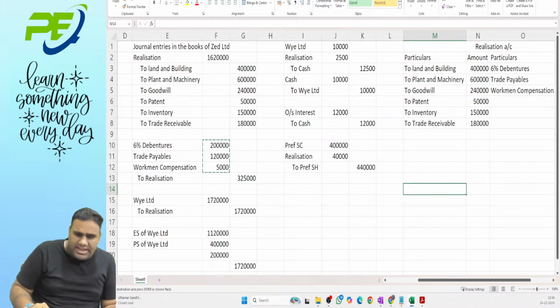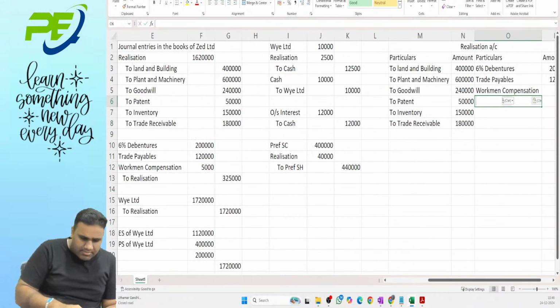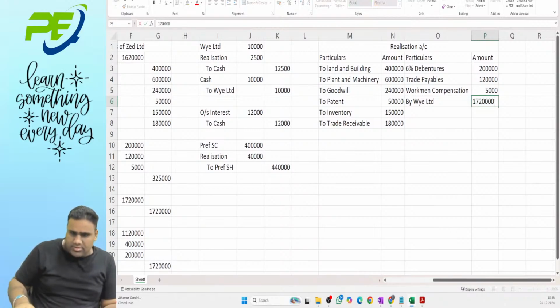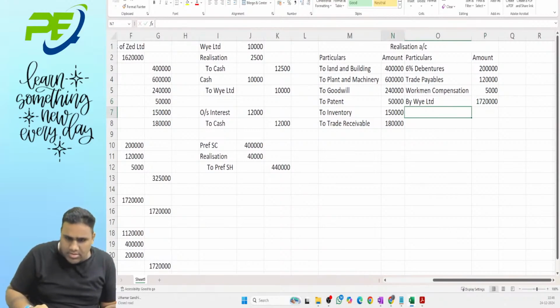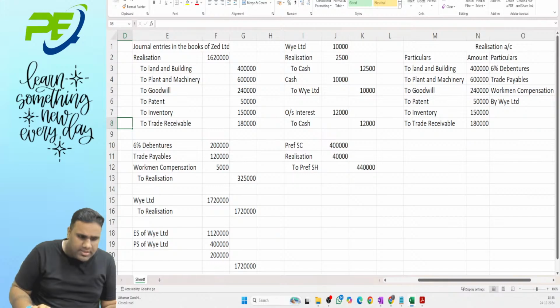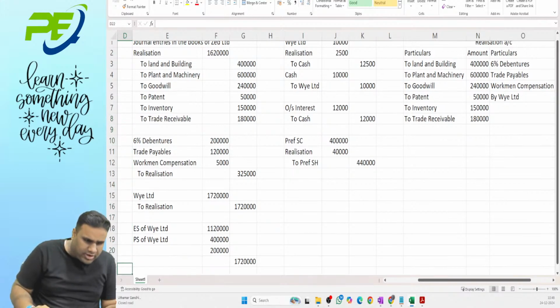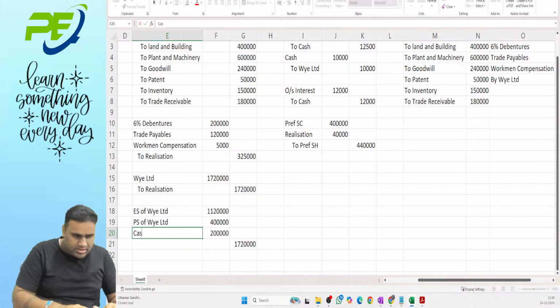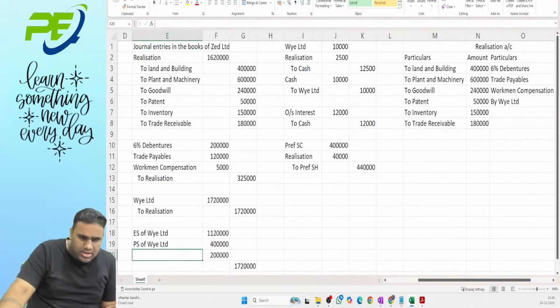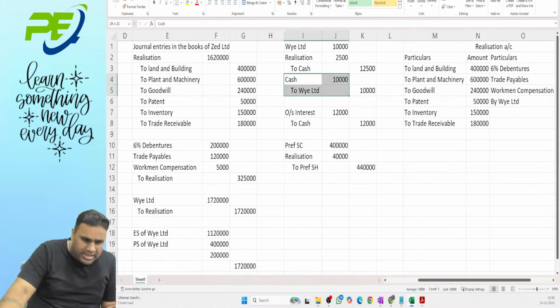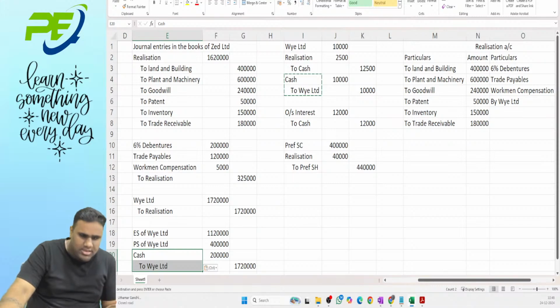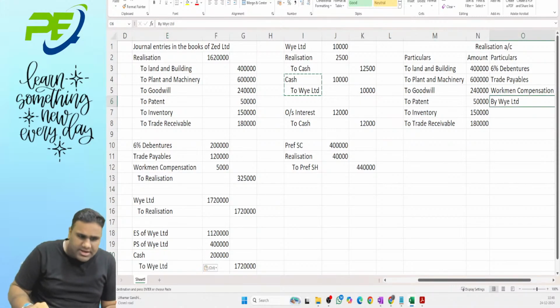Y Limited 17 lakh 20,000 by Y Limited. Then next is, oh, I did not write this. Yes, cash to Y Limited, this 10,000. Okay, so Y Limited we have posted.